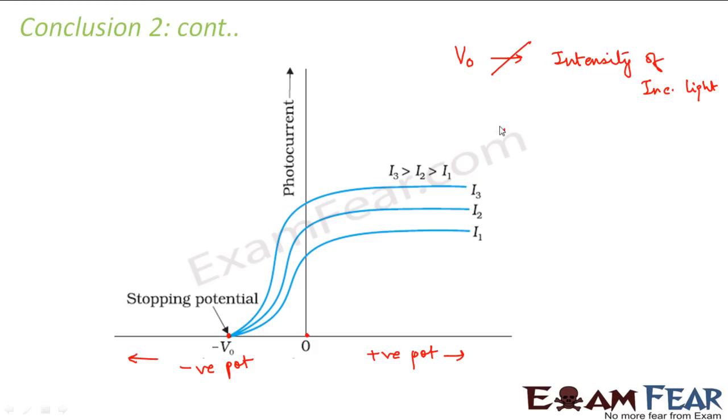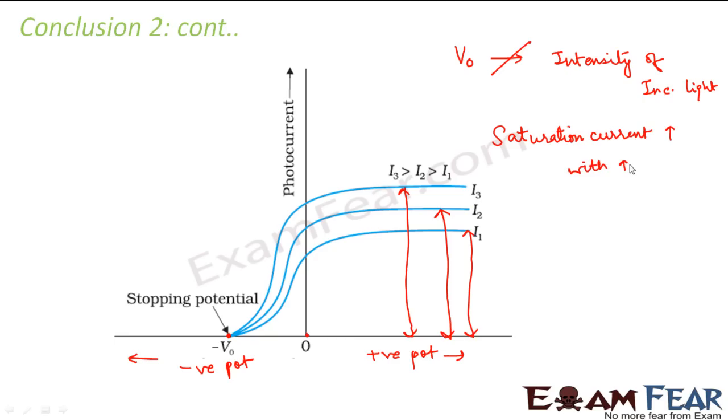The saturation current. If you look at it, for I1, this is the saturation current. For I2, this is the saturation current, and for I3, this is the saturation current. So from here we see that the saturation current increases with increase in intensity.